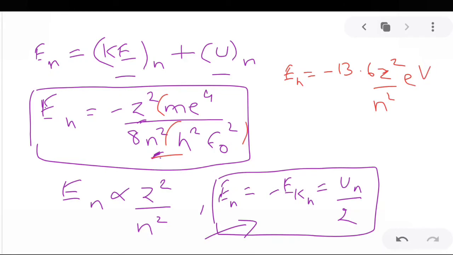Now, for hydrogen Z is equal to 1, so this will become En equal to minus 13.6 divided by n square electron volt. So using these expressions, you can directly calculate the energy for various energy levels.